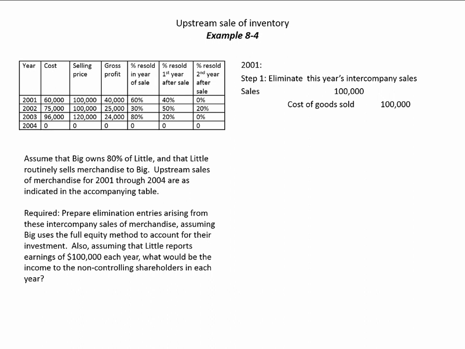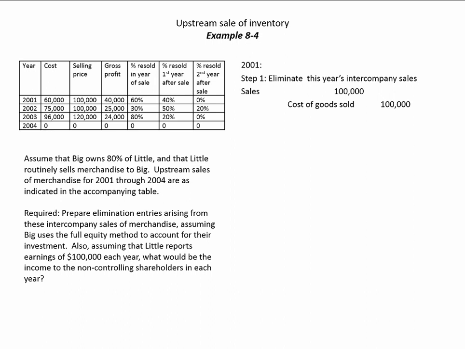This entry doesn't defer any gross profit. This entry has no effect on income. Sales and cost of goods sold both drop by $100,000. This entry has no effect on net income, and it doesn't adjust our inventory values at all. So if we stopped here, that would be a tacit assumption that all the merchandise had been resold to a third party, and that there's no overvalued inventory on our balance sheet.